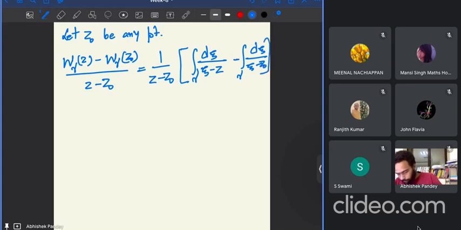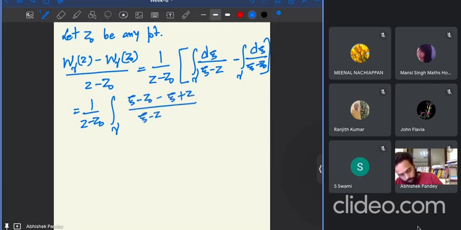So this is nothing but the integral over gamma of xi minus z naught minus xi plus z, upon xi minus z into xi minus z naught, d xi.